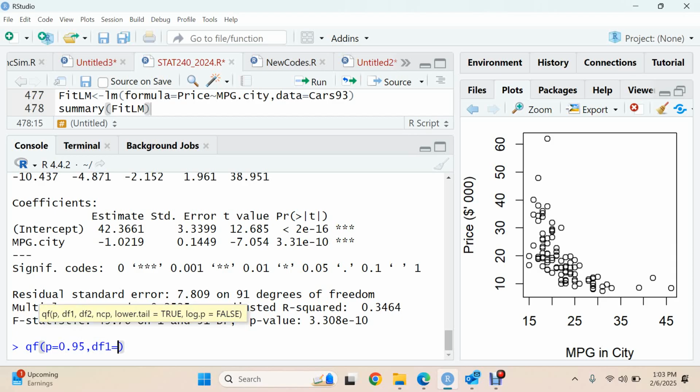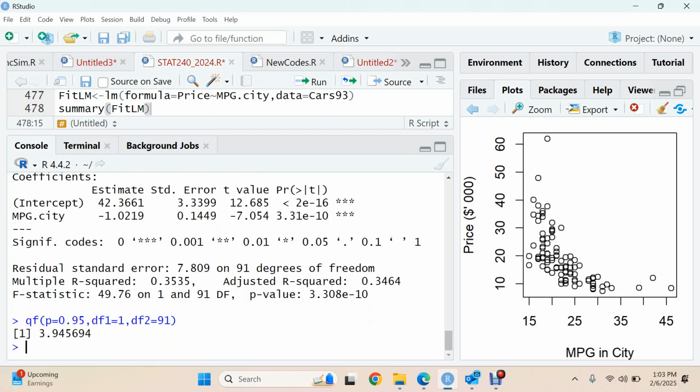DF1 will be 1, and DF2 will be 91. That gives us 3.96. So you see this F from our ANOVA table is way greater than what we read from the table. So you reject the null hypothesis, which means the regression is actually significant. Okay, so that's it with this.